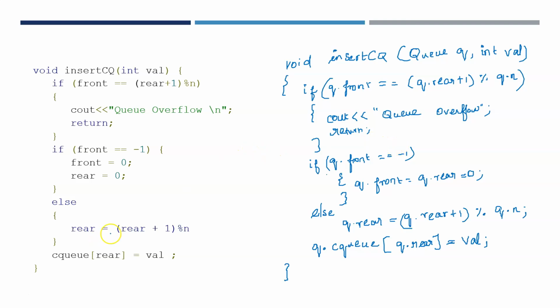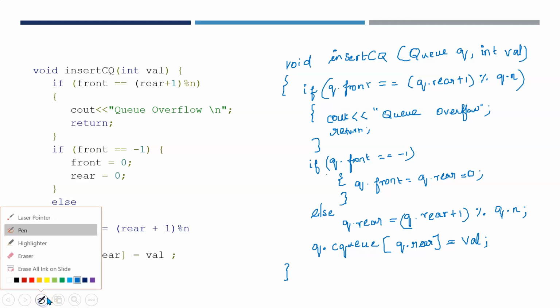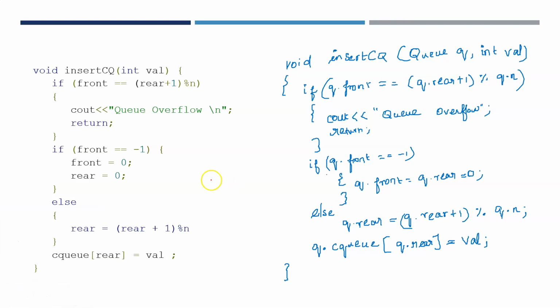So when you want to call, you should call like this. For example, insert Q, Q1 comma 10, where I have an object of Q, Q1. So if I have two Qs in a single program, I can use the same function. For example, Q1 and Q2.